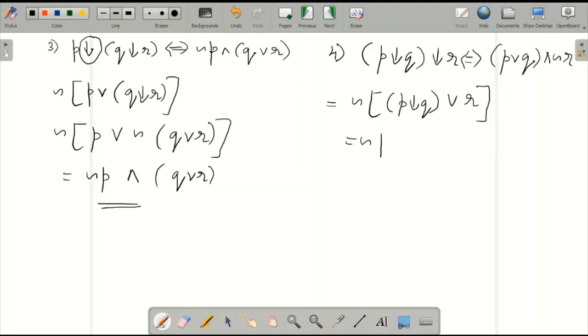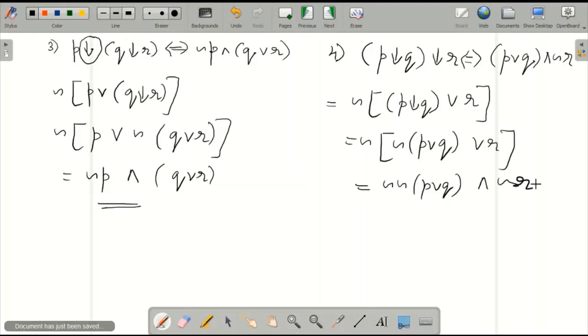Now I'll solve the inner one. So it will be not P or Q. This I solved. So it is not P or Q, and or as it is. Now apply De Morgan's law. It will be negation of P or Q and negation of R. So this and this will get cancelled.